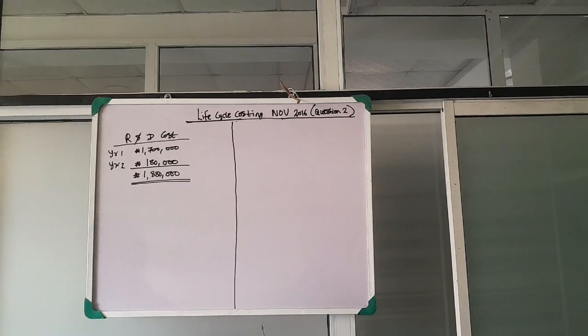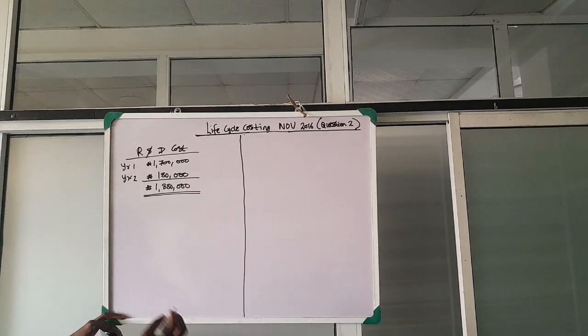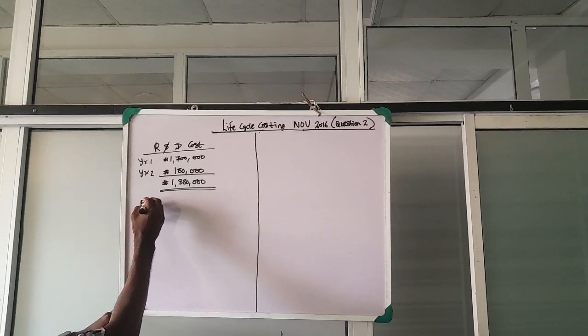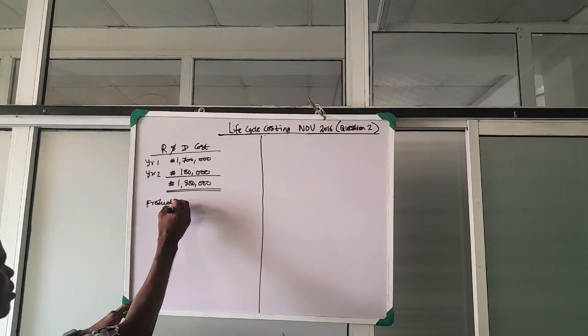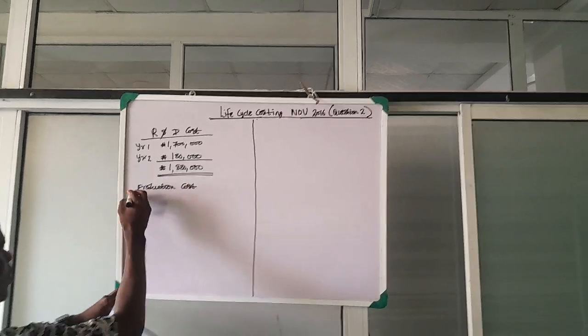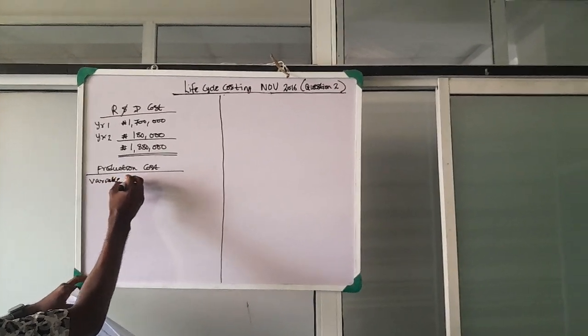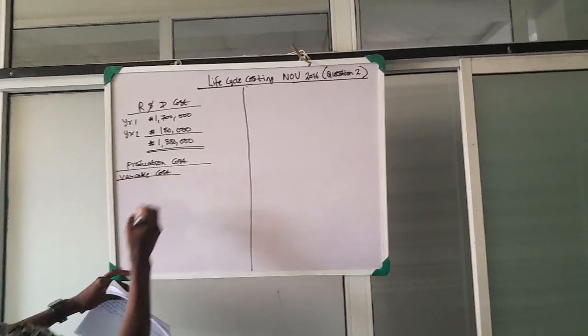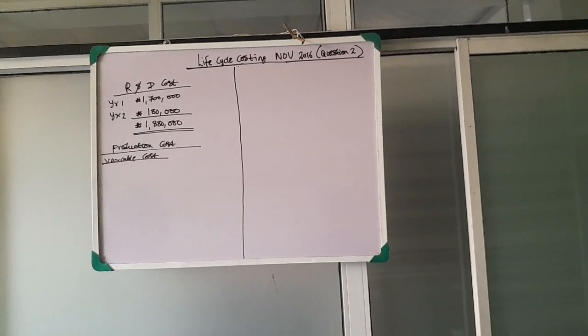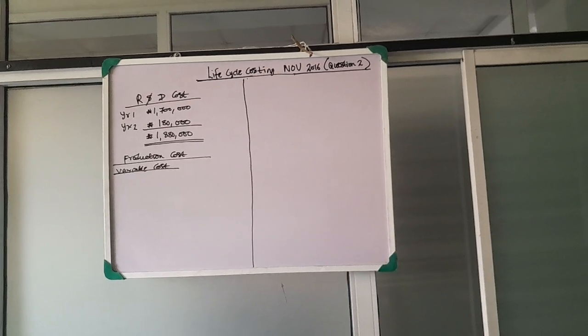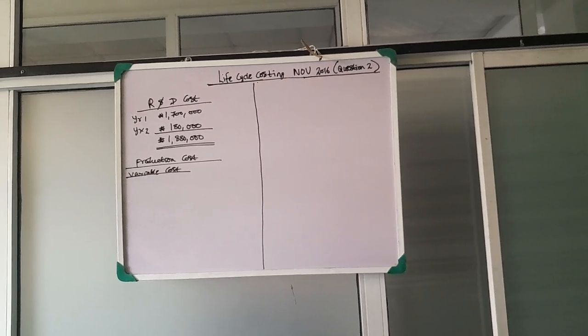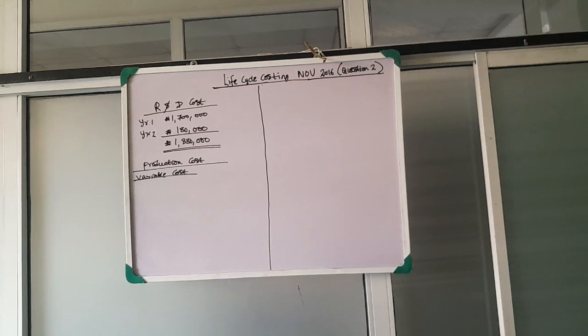Then we have the production cost, which is both variable and fixed. For the variable cost under production, we have variable cost per unit 300 in year 1, 250 year 2, and 250 year 3.